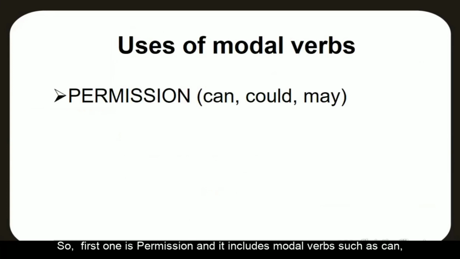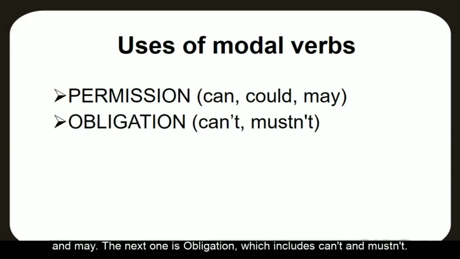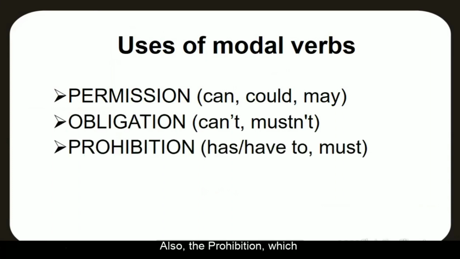So first one is permission, and it includes modal verbs such as can, could, and may. The next one is obligation, which includes can't and mustn't. Also, the prohibition, which has has to or have to and must.